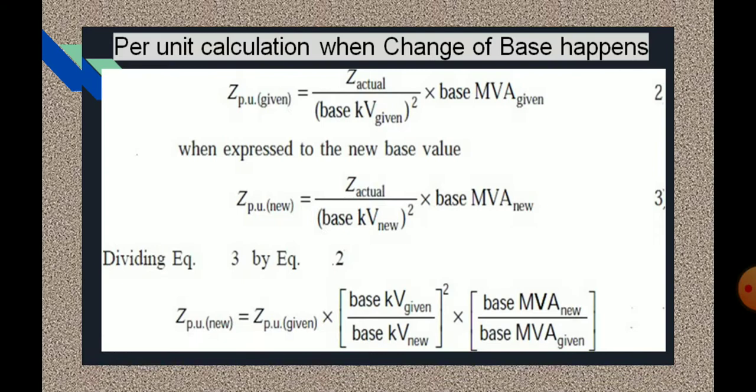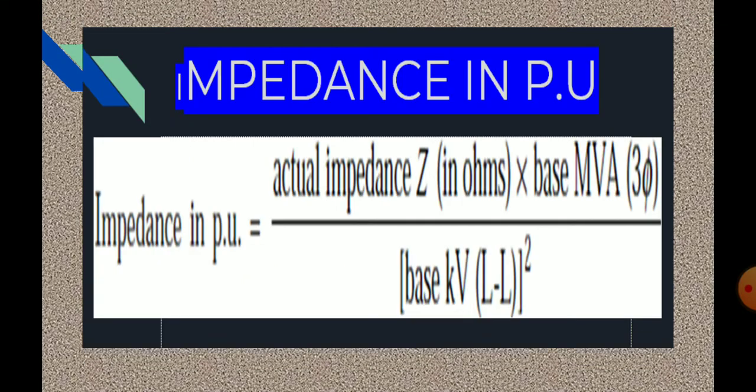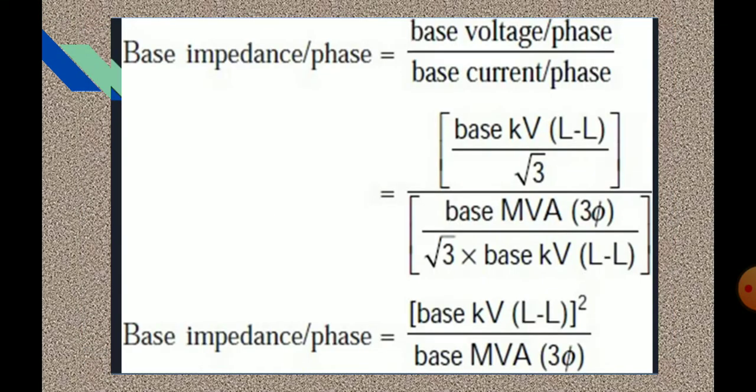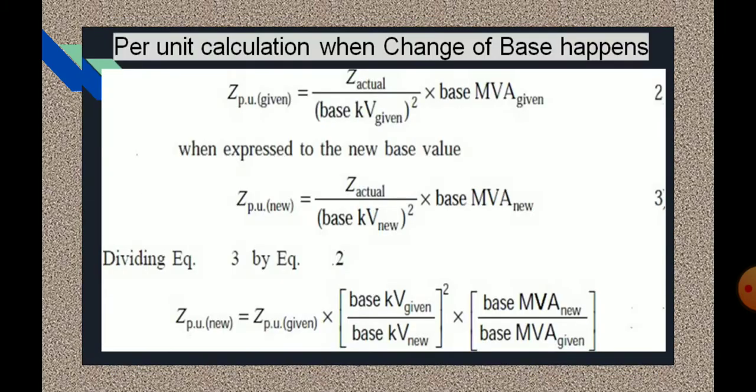Next one is per unit calculations when change of base happens. Z per unit given is equal to, by the formula we know, Z actual divided by Z base. And this Z base, we know from the previous slide, we have to substitute here.